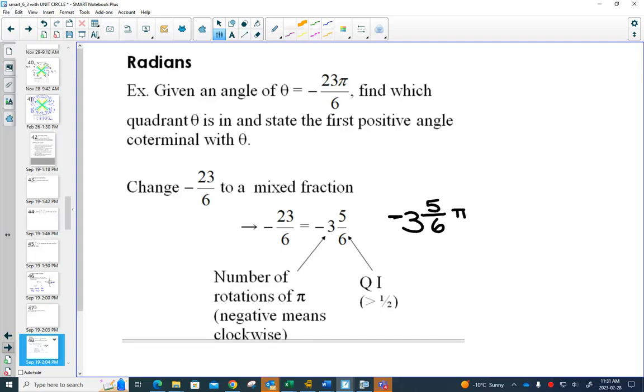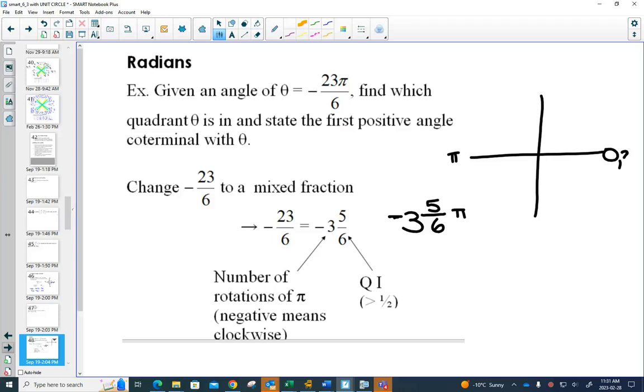And the technique that we're going to use to figure out what quadrant it is in is by thinking in fractions of pi. So here's your circle. Here's 0. Halfway around is pi.